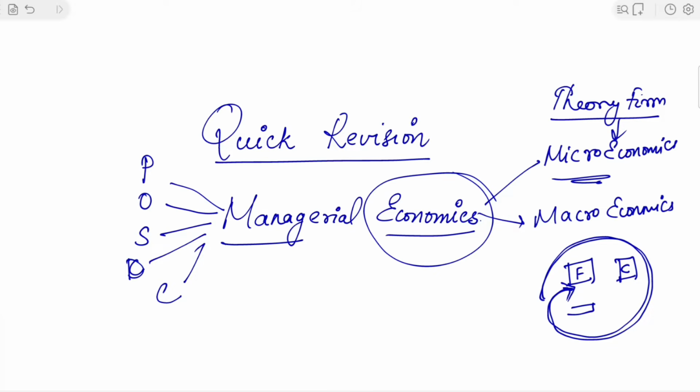So what is managerial economics? It is mainly the economics of taking managerial decisions, or how economic principles are to be considered in performing managerial functions. It is the linkage between economic principles and the firm's managerial decision making processes.